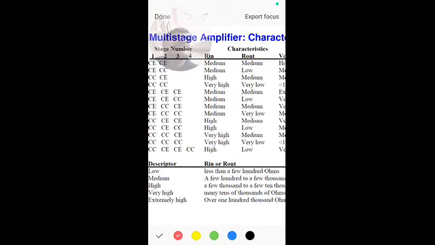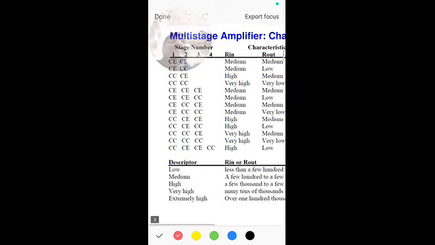The first two stages serve the input impedance and very high voltage gain, medium input impedance, and the last stage CC will provide very low output impedance in this configuration of multi-stage amplifier CE, CE, CC.